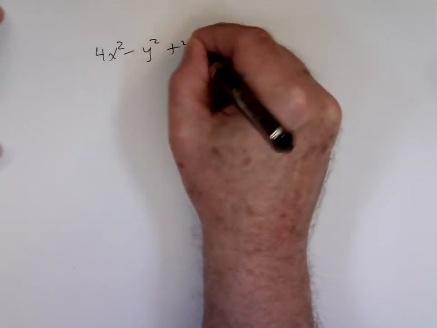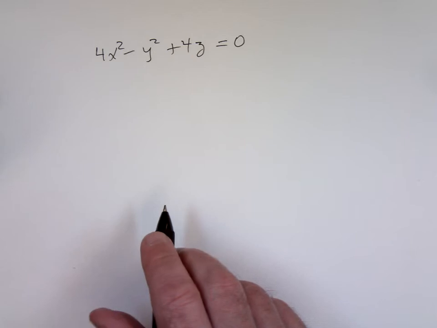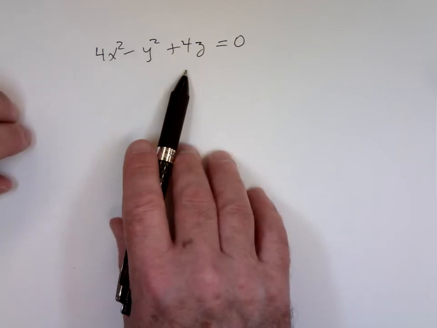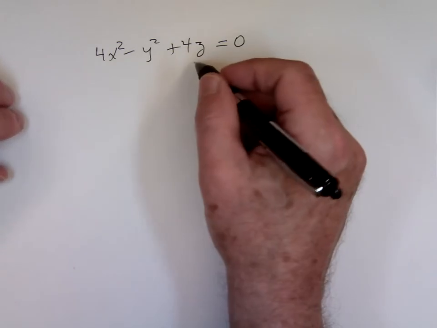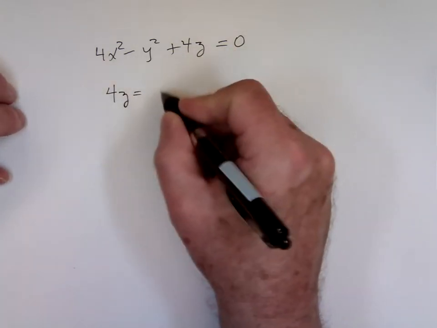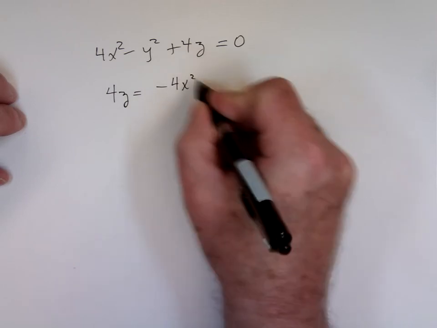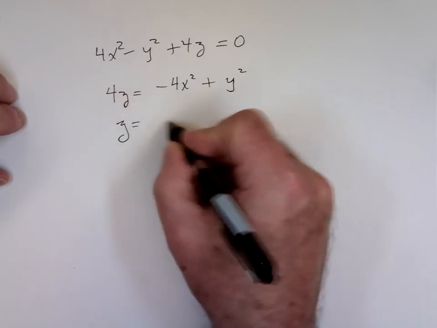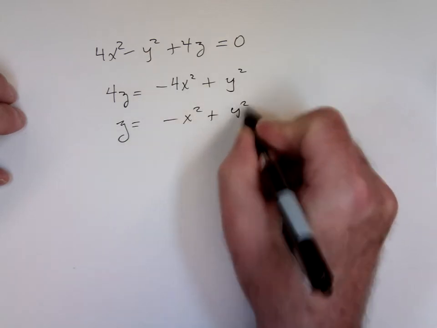Wait, so traces are equations of where planes intersect? Yes, that's what a trace is, okay? What I would do here is solve for z. I would put 4z equals negative 4x squared plus y squared, and I would put z equals the opposite of x squared plus y squared over 4.